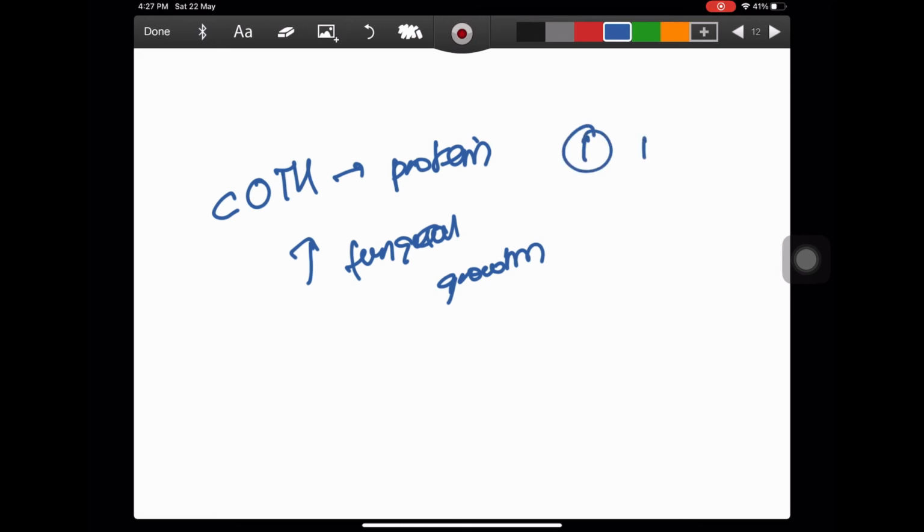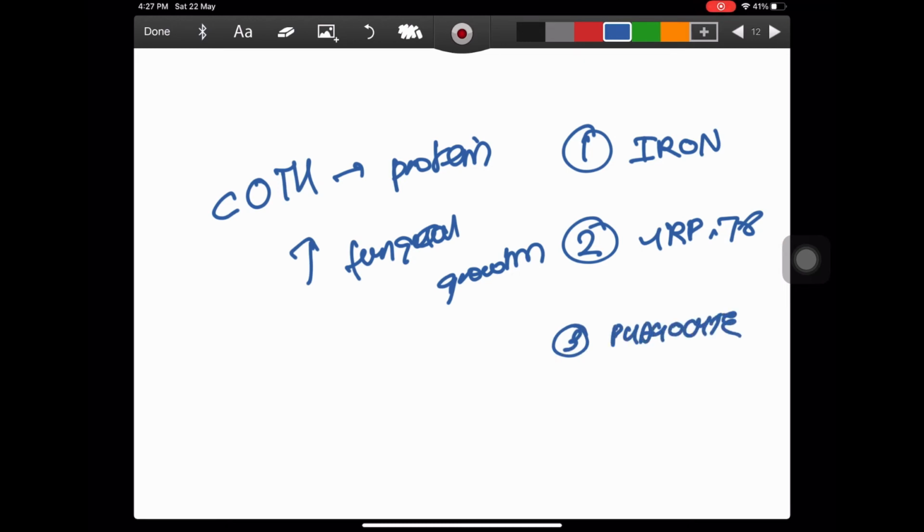Okay, so one, we saw about iron sequestration. Two, we saw about GRP78. Three, we saw about phagocyte dysfunction, and four is finally COTH expression.